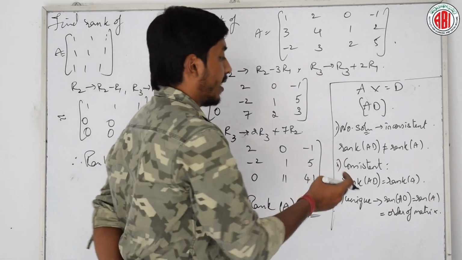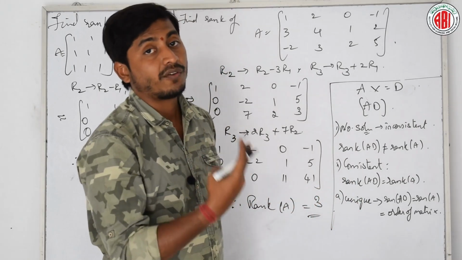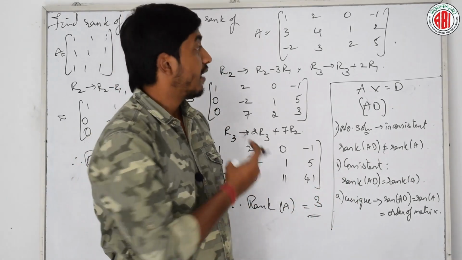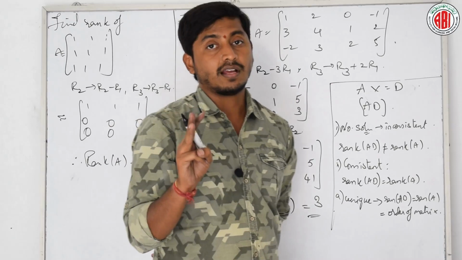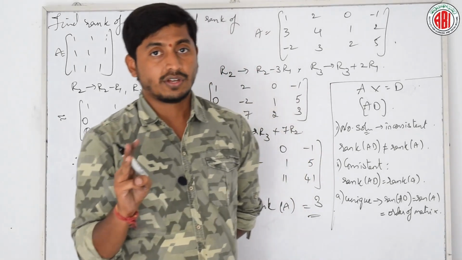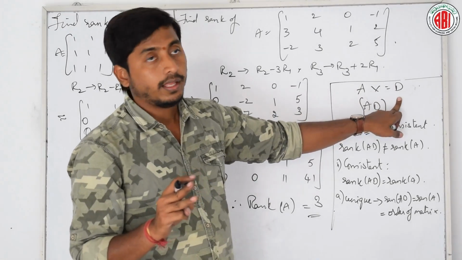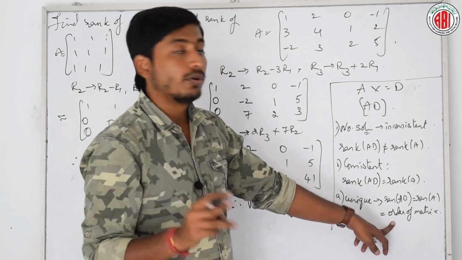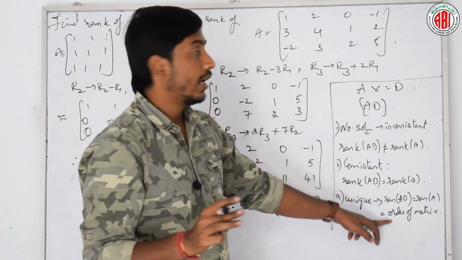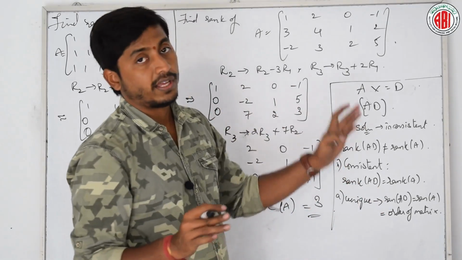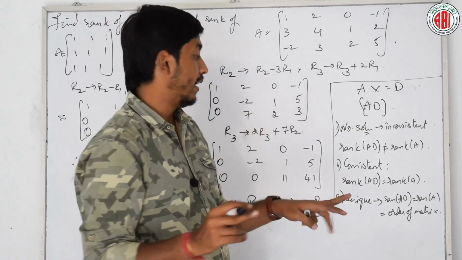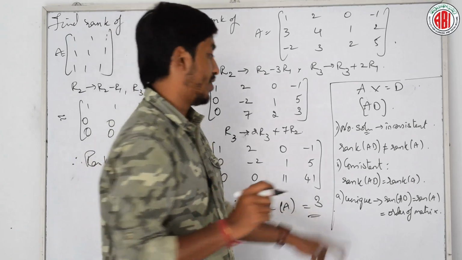It might be the order of the matrix or else the number of unknowns. If A is a 3 by 3 matrix, then this should be equal to 3. The rank of AD should be equal to rank of A and that should be equal to 3. Then we will have a unique solution.